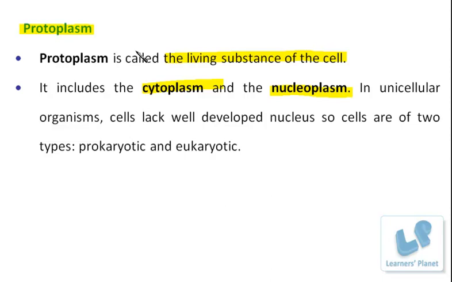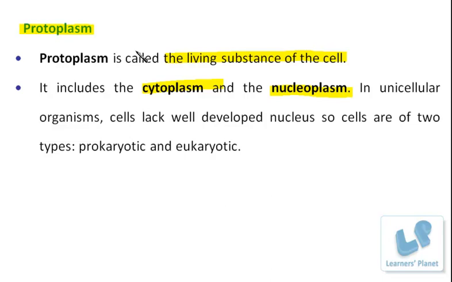See, if there is no nuclear material, inheritance of characters cannot take place, isn't it? So genetic material has to be present inside a living cell. Then only will the cell be considered a living thing, isn't it? So in those cells, as I said, there is no nucleoplasm, there is only the cytoplasm, right?